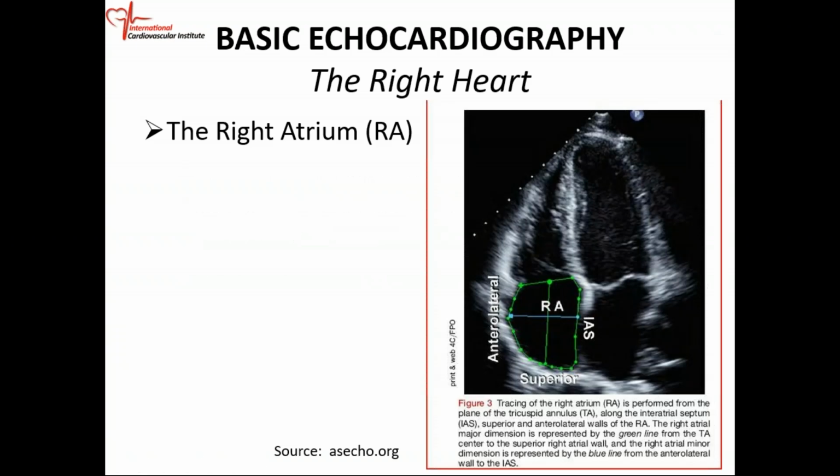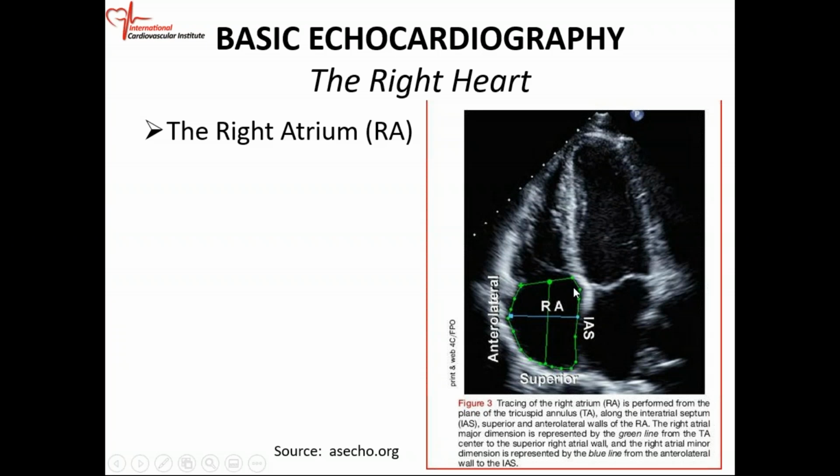And this is how it's done, okay? So apical four-chamber view, and you want to come straight across the tricuspid annulus. Don't go into the annulus. So it's supposed to be straight across the annulus, and you do a planimetry of the surface or the endocardial border of the right atrium, okay?